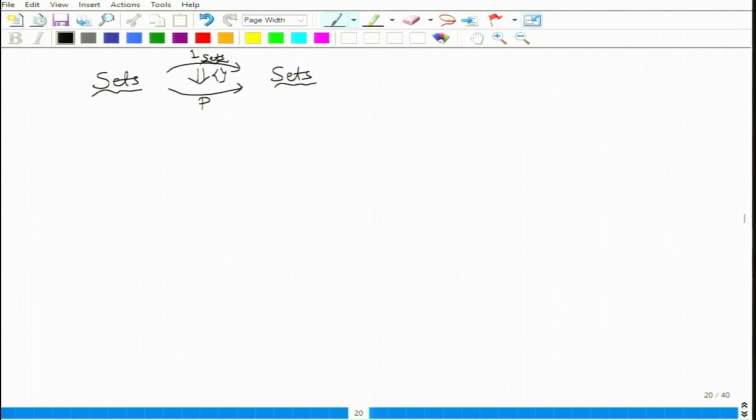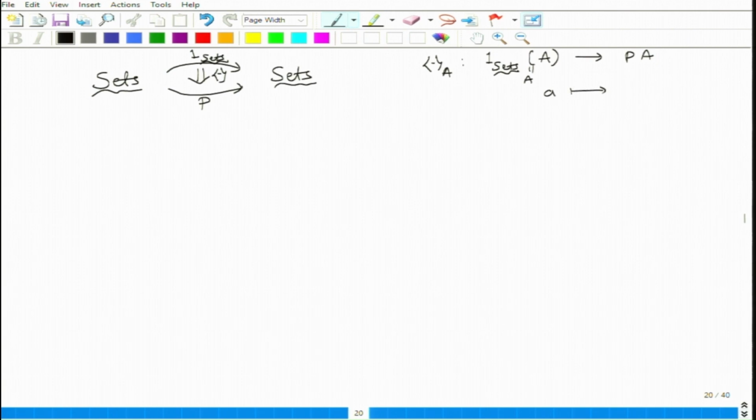So this has to be the Singleton natural transformation. What does it do? Now I have to give you the component. Well, I already did. The component of the Singleton map has to go from 1 sub Sets applied on A to the power set of A. But this is just A. And what does it do?